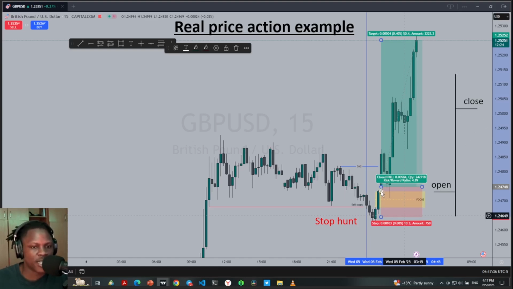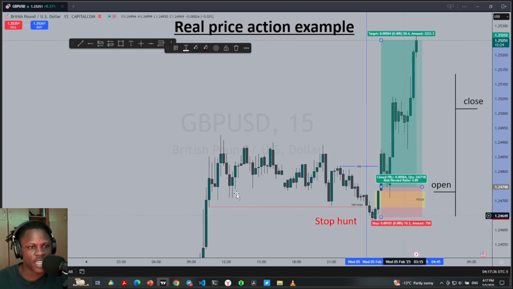So what the market did is it opened. This is my midnight open. I usually put a line like this. The market opened, attacked these relative equal lows as a stop hunt, forming this kind of wick. Some traders will actually chase price, hoping it's a break, and retrace.